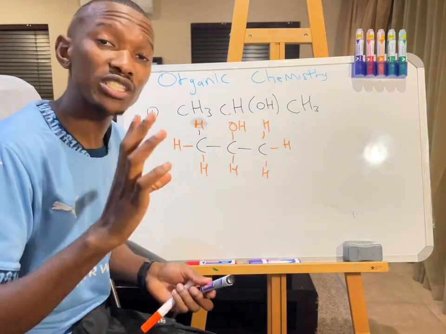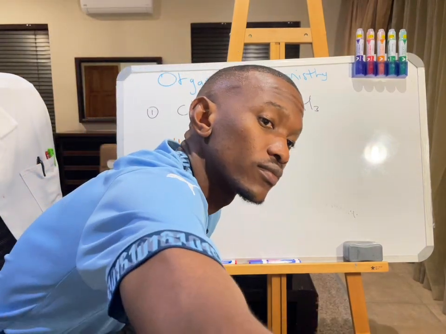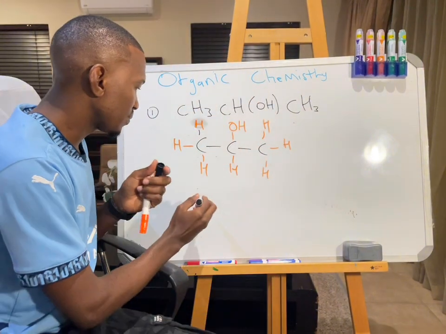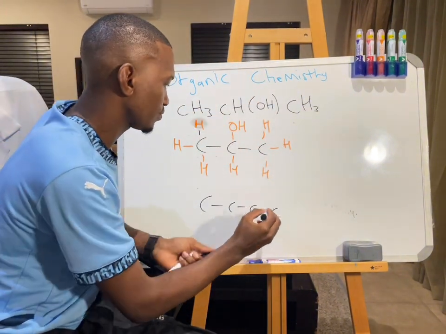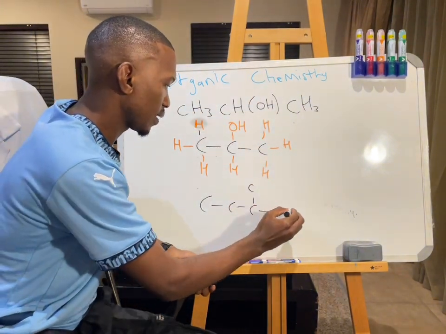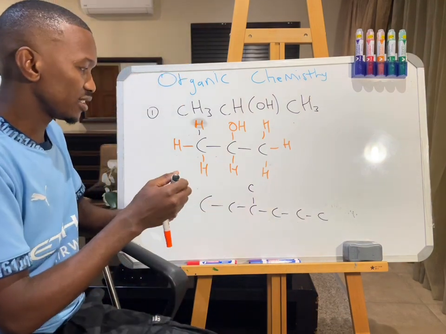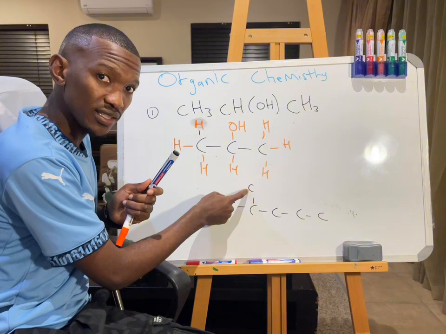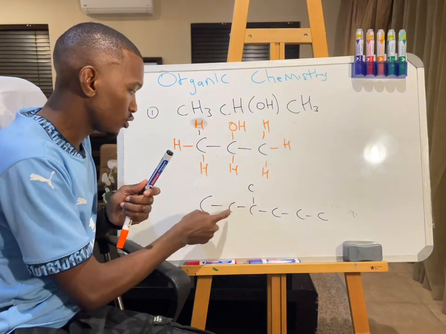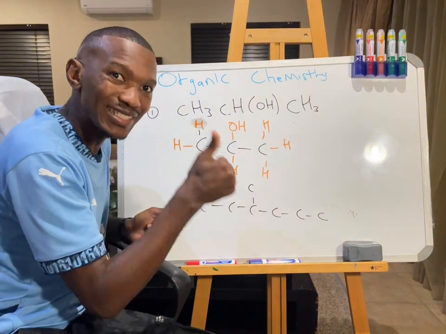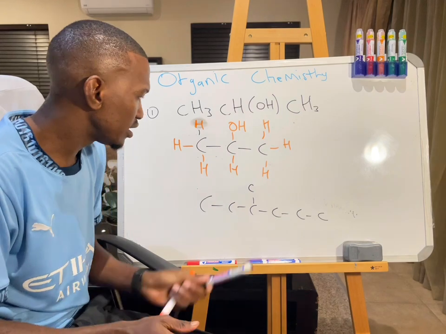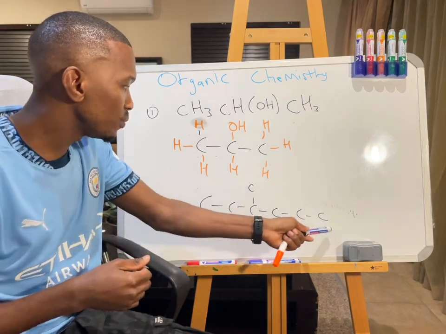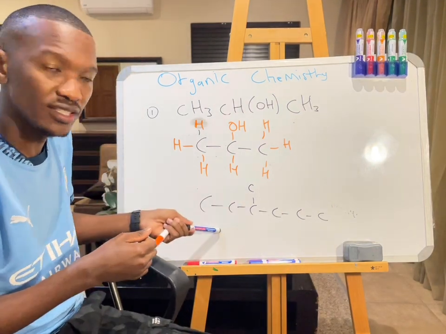When I'm saying it doesn't break, look, something like this: 1, 2, 3, and then I can put C here. Now look, 1, 2, 3, 4. It's 4, right? Okay, 1, 2, 3, 4, 5, 6. So which one is the longest chain here? Is it 4 or 6? 6. So this is my longest chain.